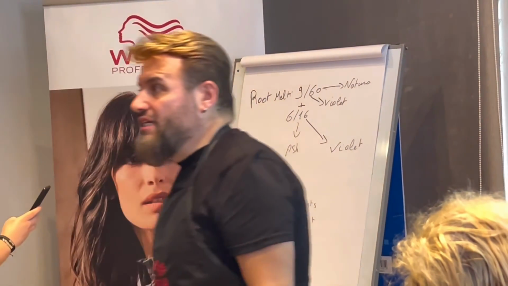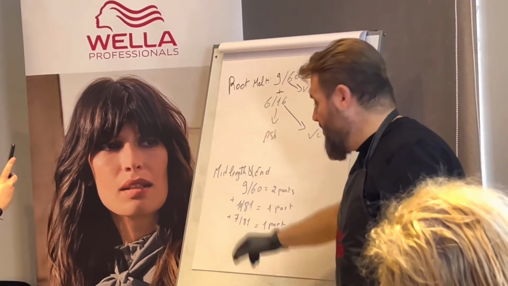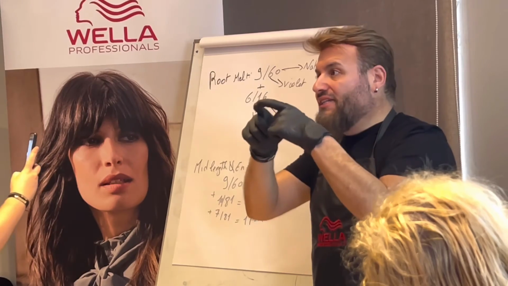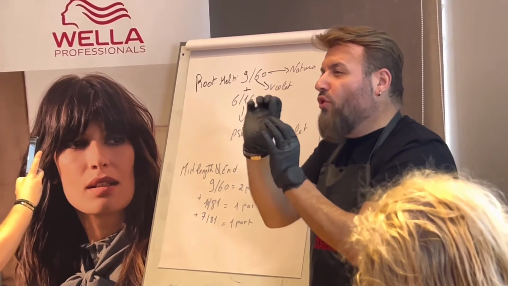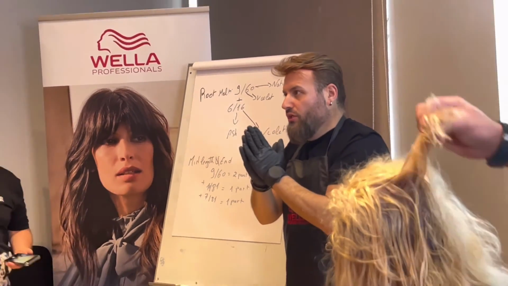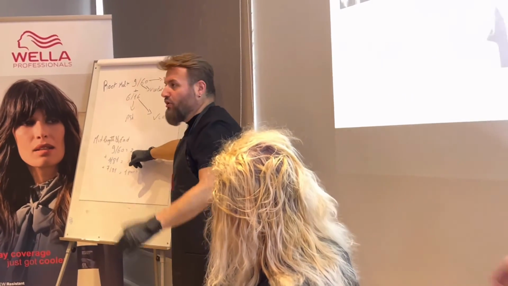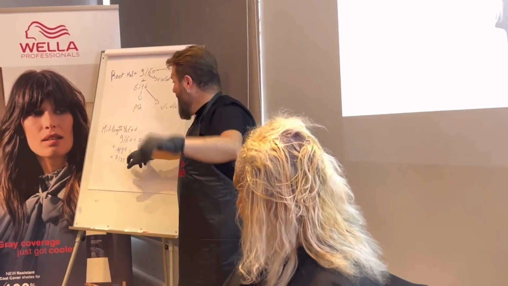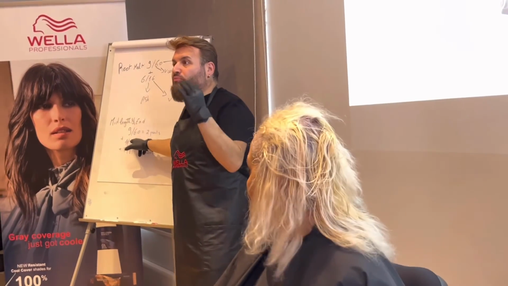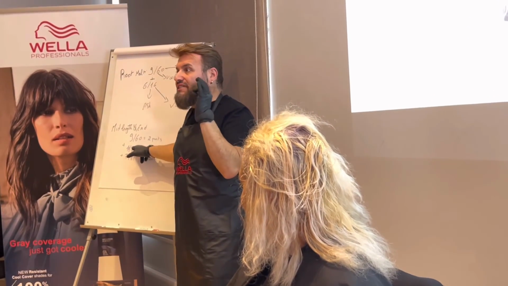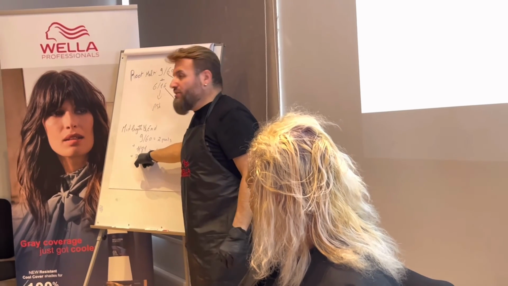Why do I choose this 81? Because here in the mid-lengths there is a little bit of kind of orange. Okay? I choose the 960 to remove the yellow. I choose the 8 because it's blue to neutralize this orange. But why do I choose the 7?